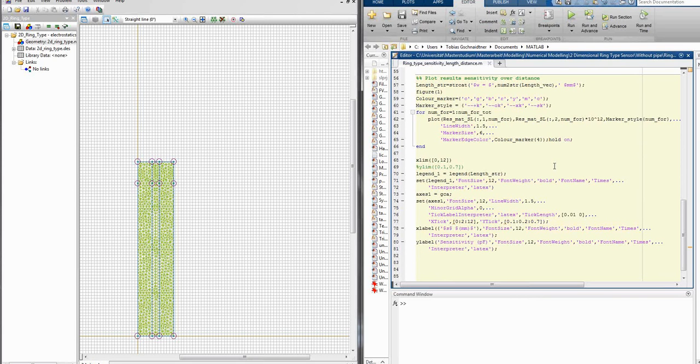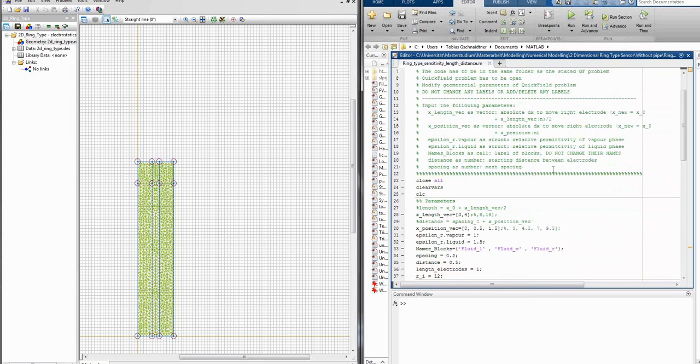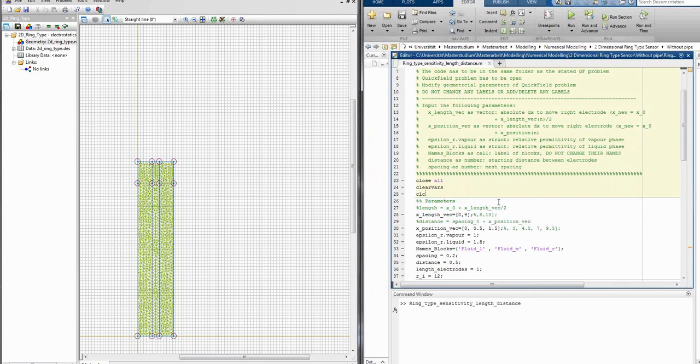To show you that the serial analysis using MATLAB actually works, I will run the MATLAB code, and you will see that it works.